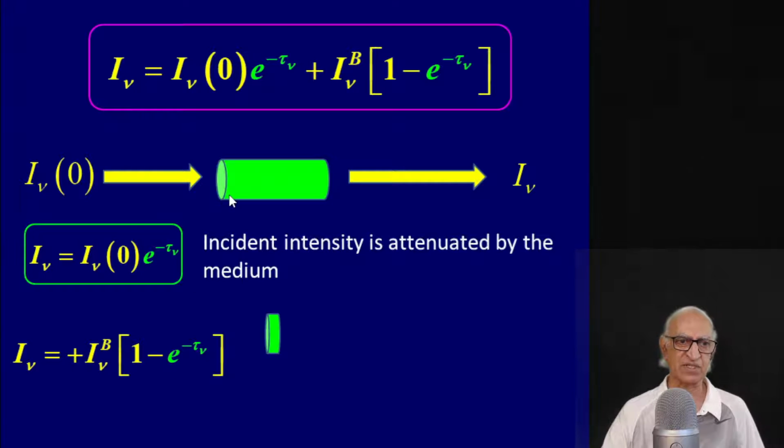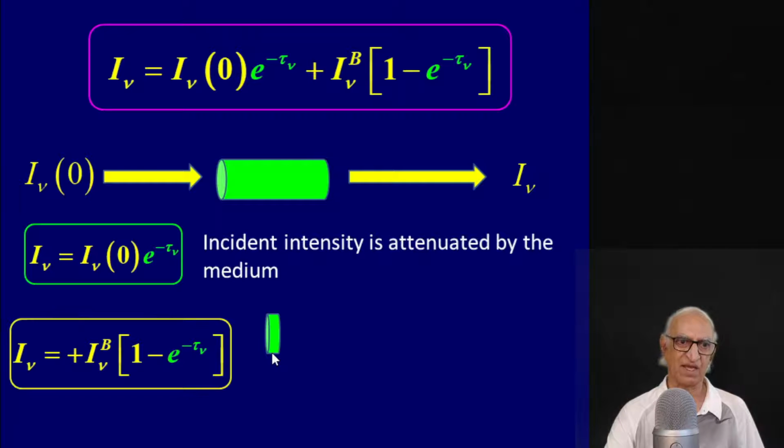Let us take this medium and chop it up into a series of little slabs. The first slab emits a certain amount of radiation, I nu b, and that radiation is partly absorbed by the second slab, but the second slab also contributes to the radiation.